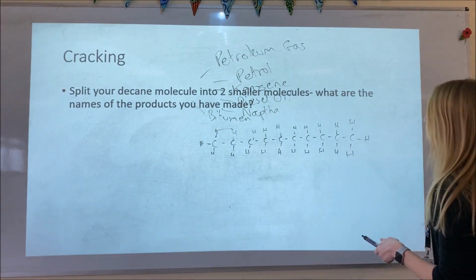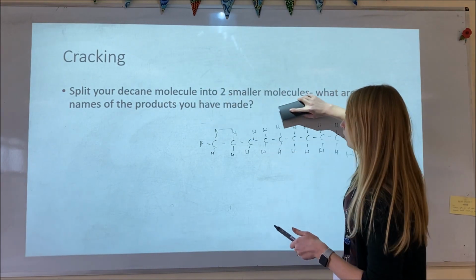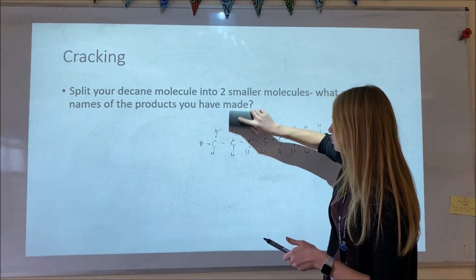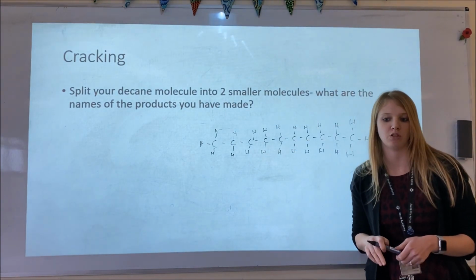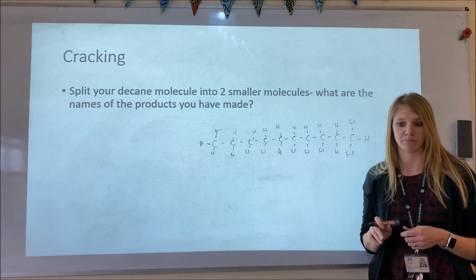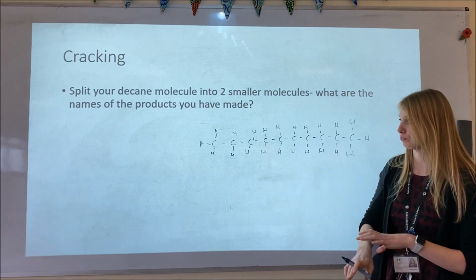So from our decane molecule, split that into 2 smaller molecules and have to think about naming the products that you have made. So you can pause the video now if you want to do that.